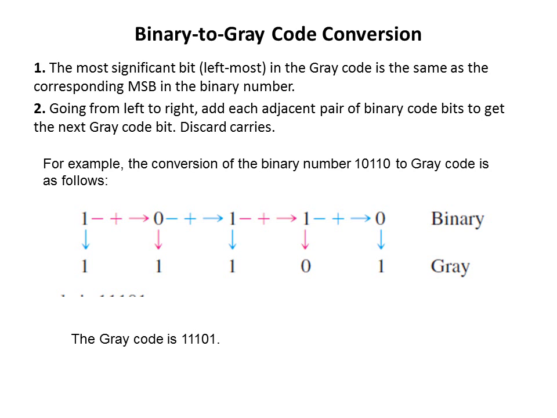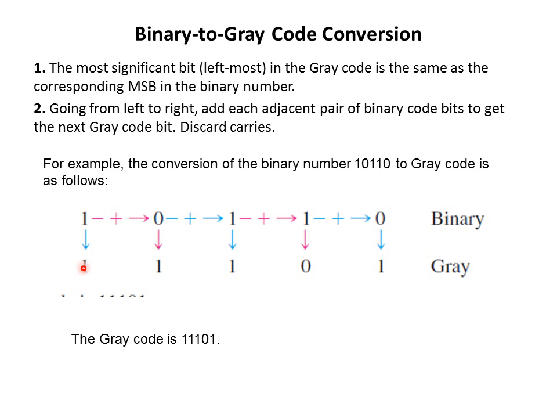This is the technique to find the Gray code for a particular binary code. The most significant bit, the leftmost bit in the Gray code, is the same as in the binary code. Going from left to right, add each adjacent pair of binary code bits to get the next Gray code bit, and discard the carry. For example, take the binary code 10110.